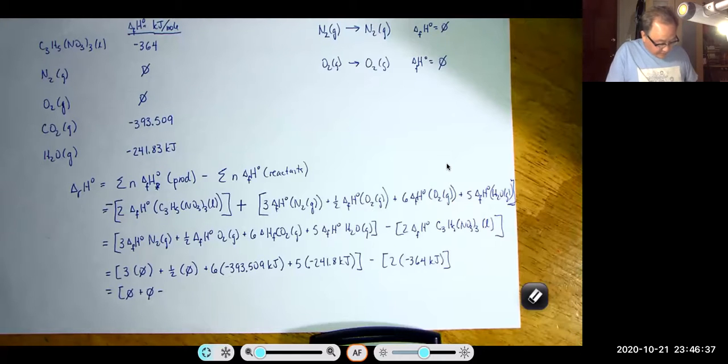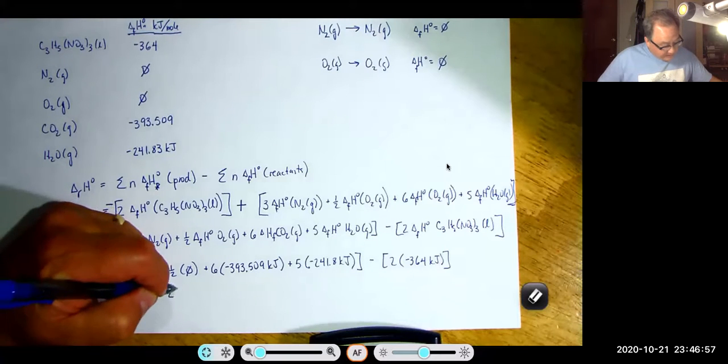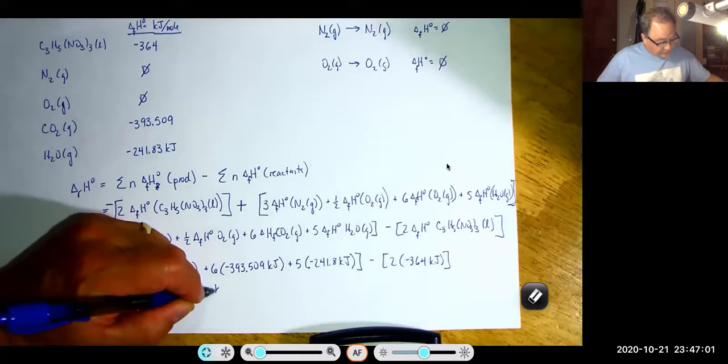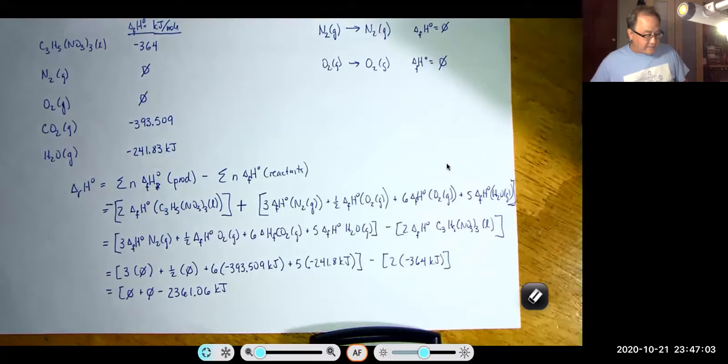So 6 times 393.509, 6 significant figures, that's a lot. So I get minus 2361.06 kilojoules, the negative from there.